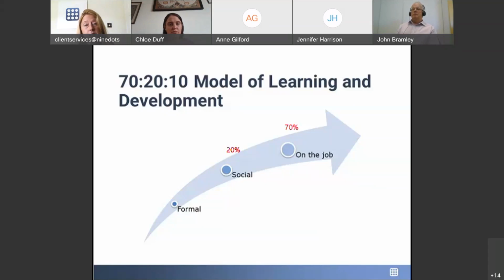And then lastly, but not least, is the formal, which is now only 10% of learning. As you can imagine, the formal learning is the directed structured learning, like qualifications, in-house programs, seminars, e-learning. You might have heard of something called blended learning, and it's making sure that it's made up from these, like an apprenticeship.